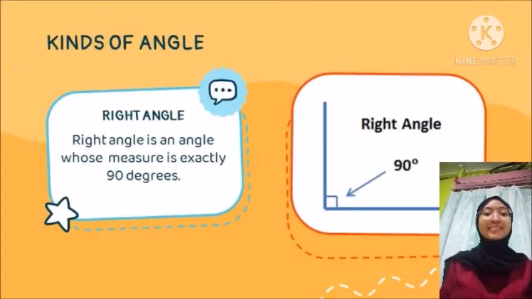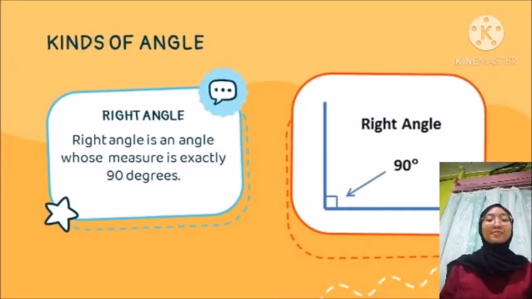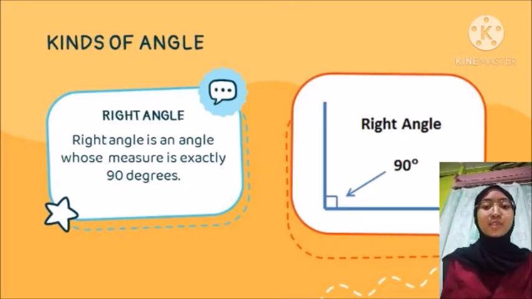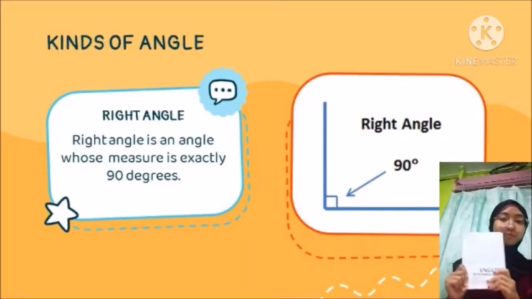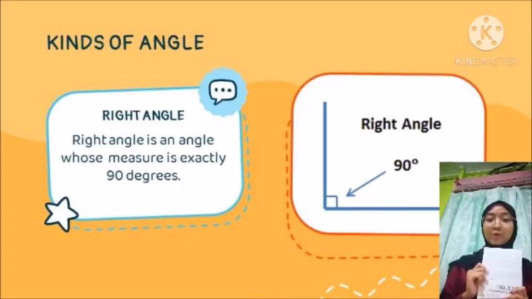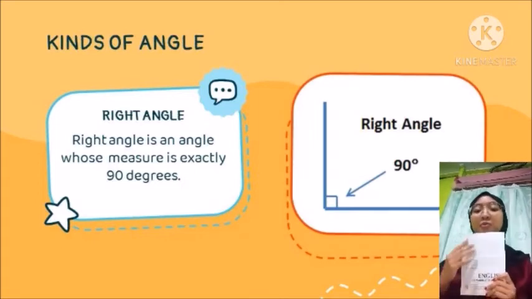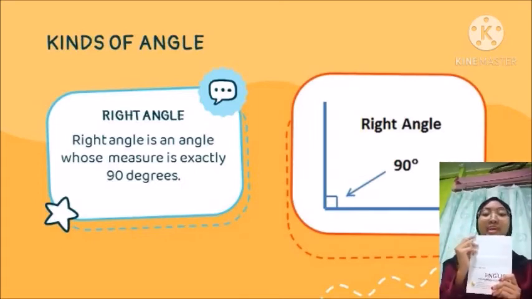Next, kinds of angles. First, right angle. A right angle is an angle whose measure is exactly 90 degrees. Okay, let's see the picture. I have a book. In this book, we can see a right angle.